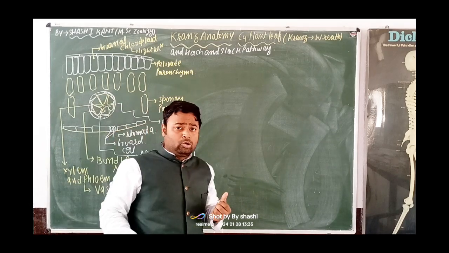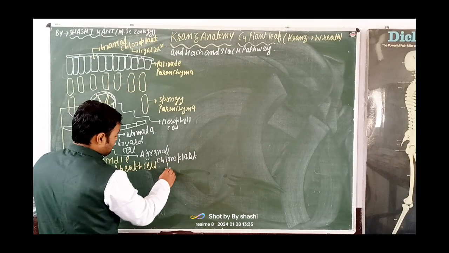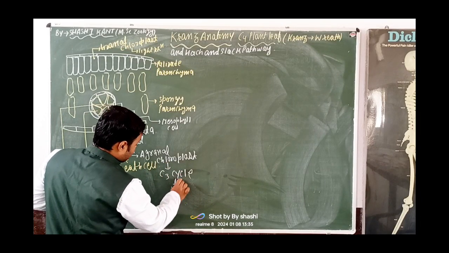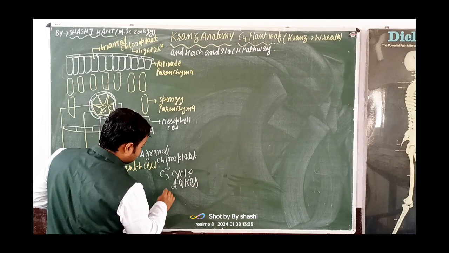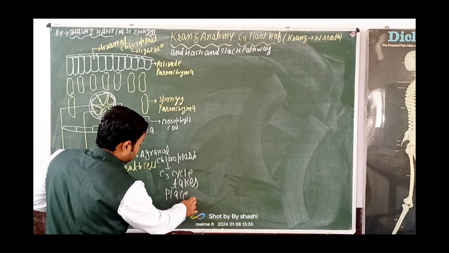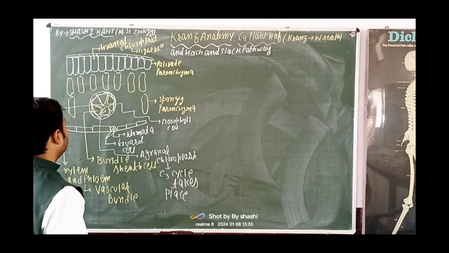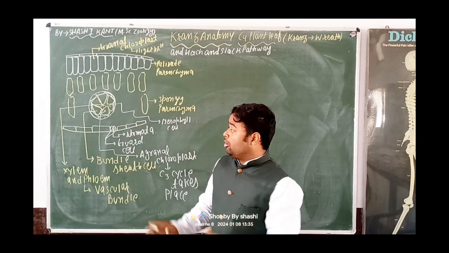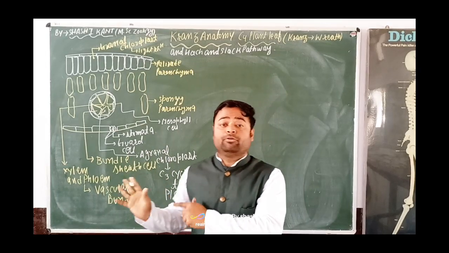Inside this agranal chloroplast, the C3 cycle takes place. So, this is the anatomical structure of the leaf of a C4 plant.